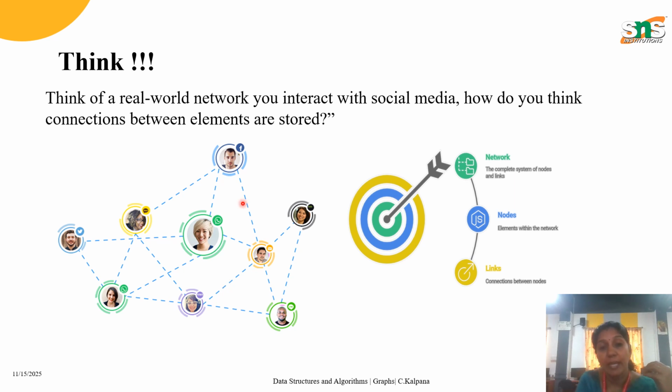So each person we call it as node or vertex, and the connection between them I can say it as link or edge. So these are all the terms we are going to use in graph data structures often. Vertex and the link. Relationship we call it as link, and the person we call it as node.